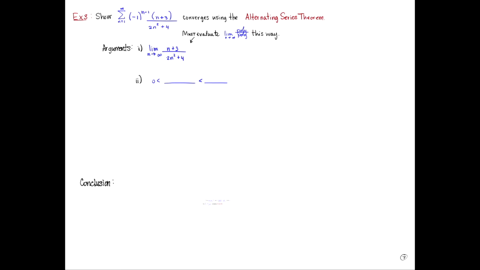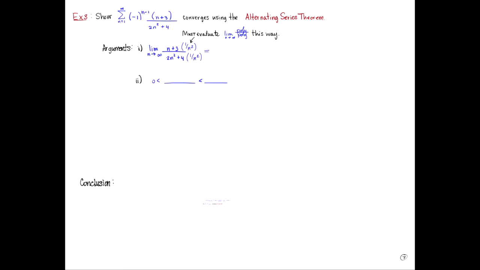Whenever you are trying to evaluate the limit as n approaches infinity of some polynomial over a polynomial, that rational function, we want to multiply by 1 over the highest power term in the denominator. So here, let's multiply both the numerator and the denominator by 1 over n squared.